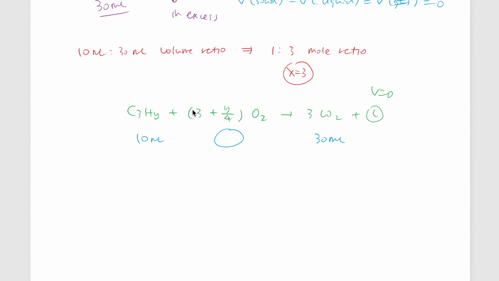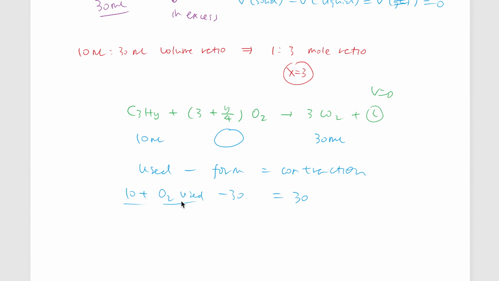So when all of this is used up and we subtract the amount of carbon dioxide formed, the contraction is 30 moles, which means the amount used minus the amount formed equals the total contraction. The amount you used at the beginning is 10 moles, plus the amount of oxygen used. How much carbon dioxide you formed is 30 moles, and that equals the contraction, which is 30 moles.